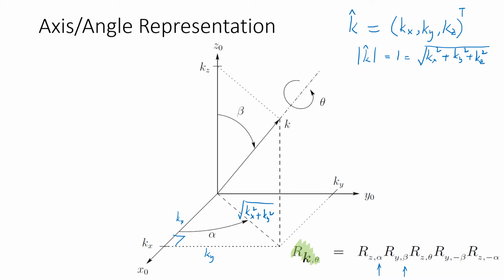Now with this realization that you have one component placed already on the diagram, you can find out the other expressions. So this dashed line over here, which is along the z-axis, is obviously the z component. So I can readily see that this is kz, which obviously is also observed over here. Now, when you take the projection of vector k onto the axis z0, you can have the expression for beta as well.